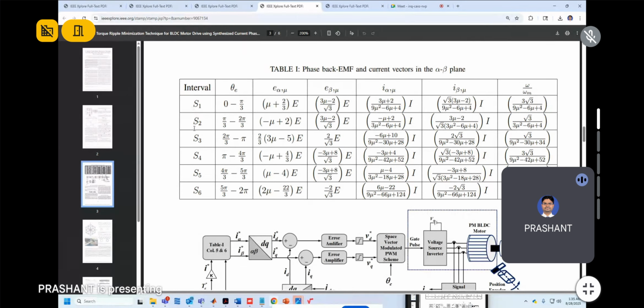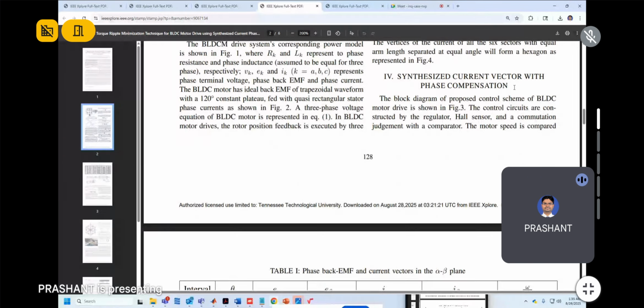Here the intervals S1, S2, S3, S4, S5, S6 are all the 6 sectors, from 0 to pi at 60-degree time intervals. So E alpha, E beta, I alpha, I beta have been obtained using the relations.